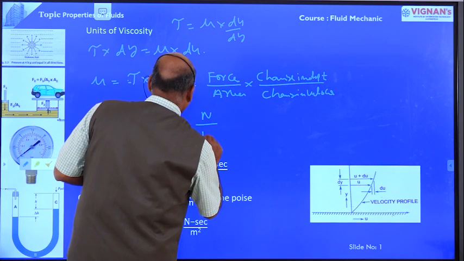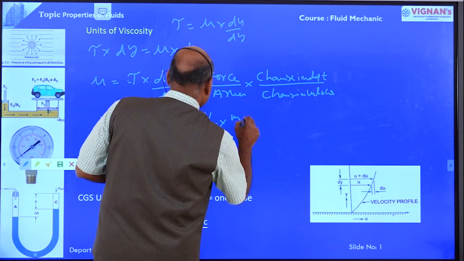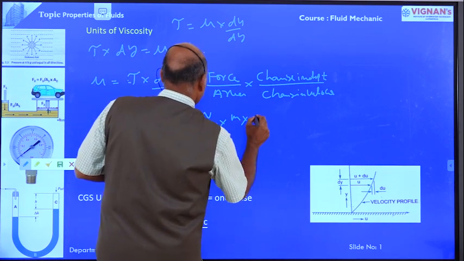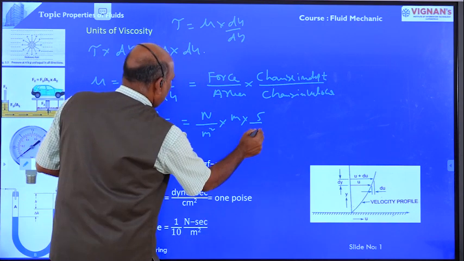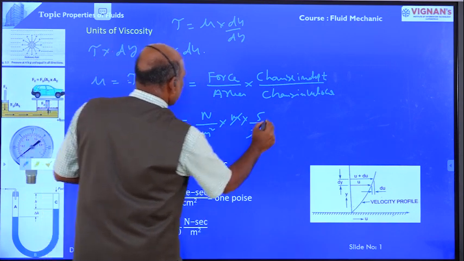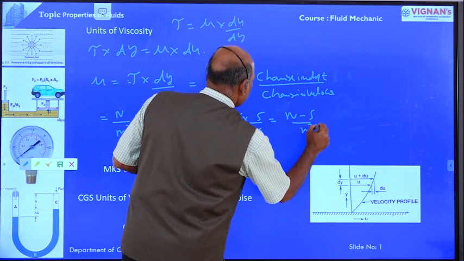This is equal to Newton per meter square into meters into second per meter. Now, meter gets cancelled. This is equal to Newton second per meter square.